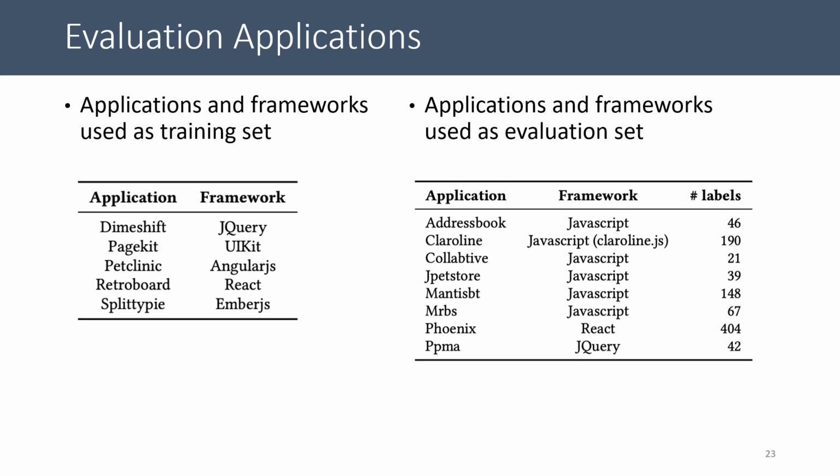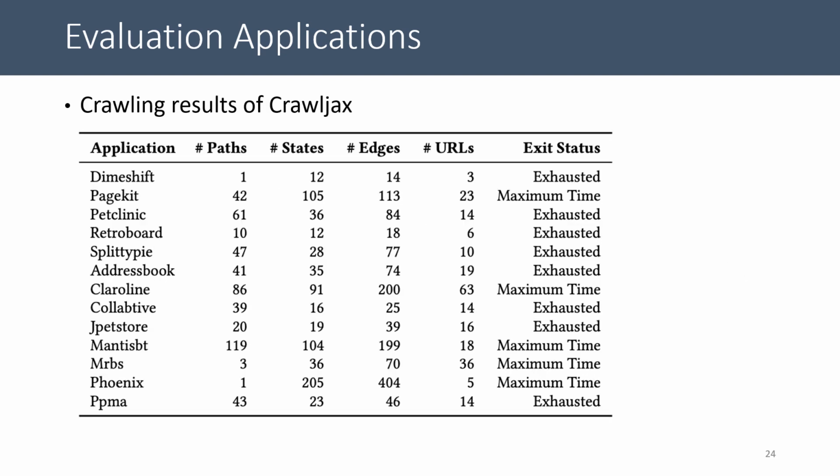When multiple applications have the same framework, one application is randomly selected. For example, Timeshift and PPMA both use jQuery, but Timeshift is randomly selected into the training set. And the remaining 8 applications serve as the evaluation set. To get the test cases, we use Crawljax to crawl these 13 projects.